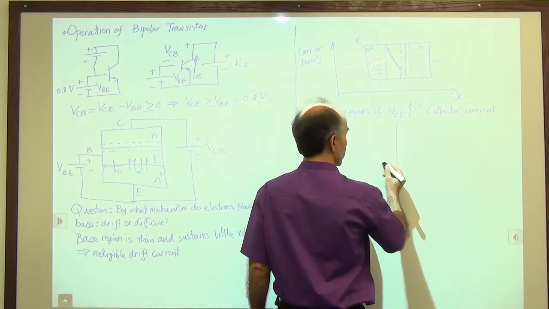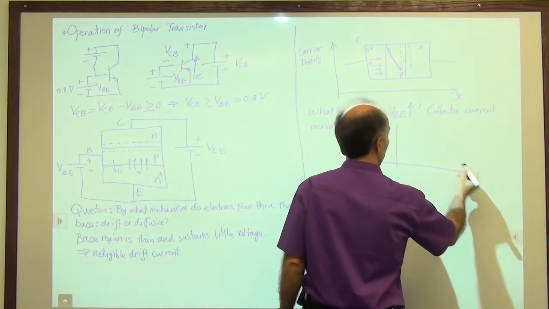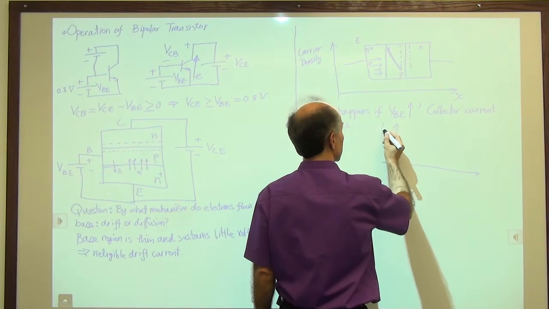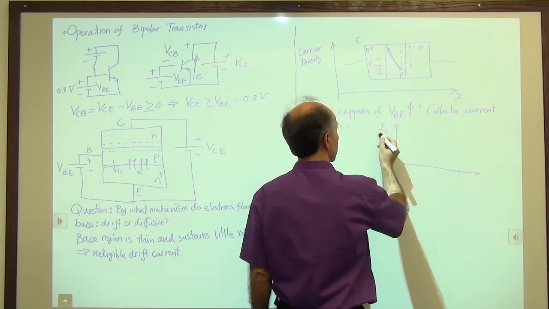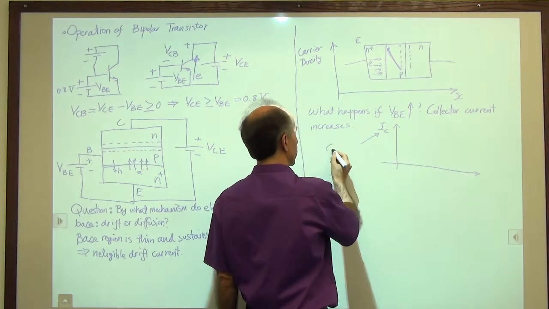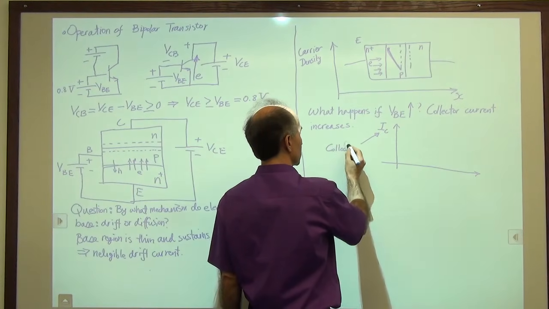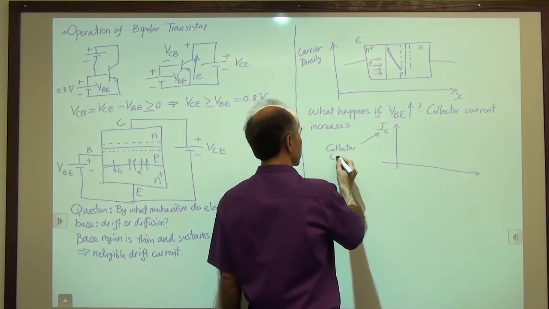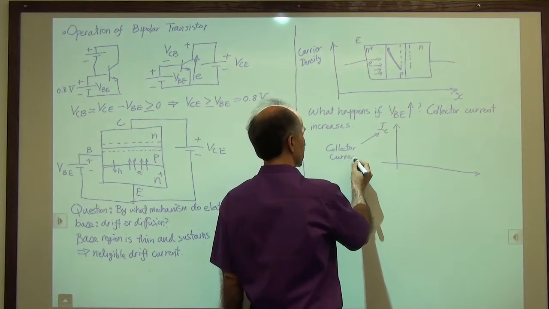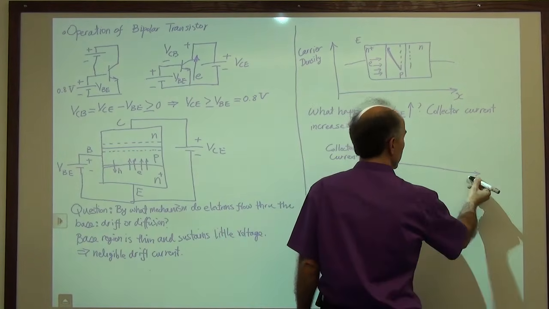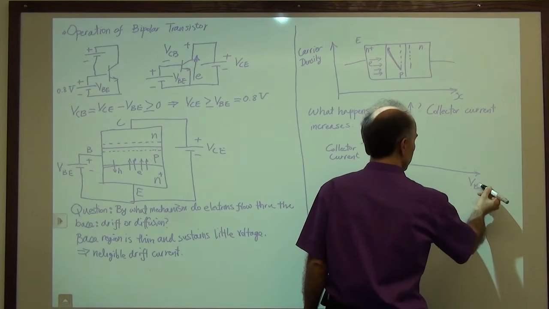So can I draw something like that? So here's what I know. I have IC. This is what we call collector current as a function of base emitter voltage.